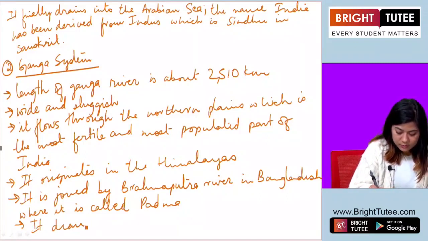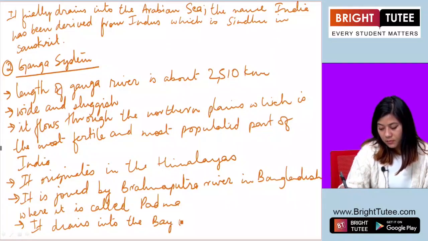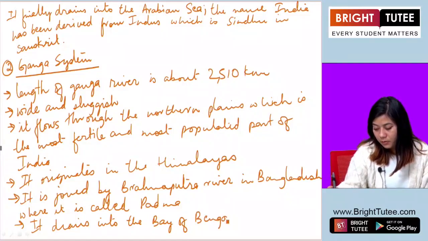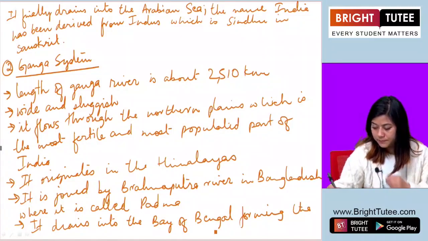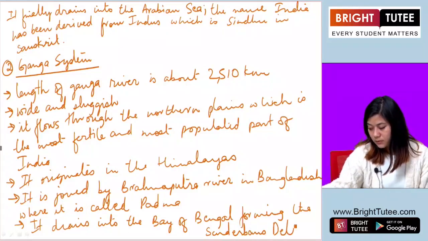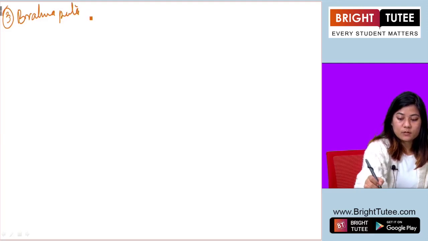It drains into the Bay of Bengal, forming the Sundarbans Delta. The final river system that we are going to answer is the Brahmaputra system.